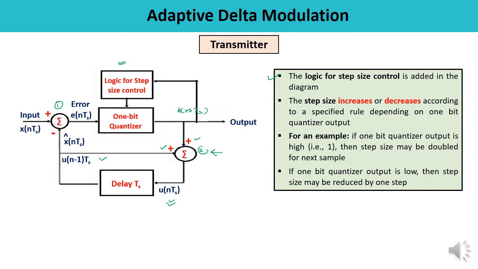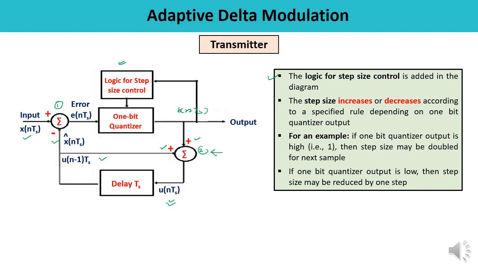The previous sample is restored by delaying one sample period, and now at summer 1 we have the input signal x(nTs) and the staircase approximated signal x cap(nTs).